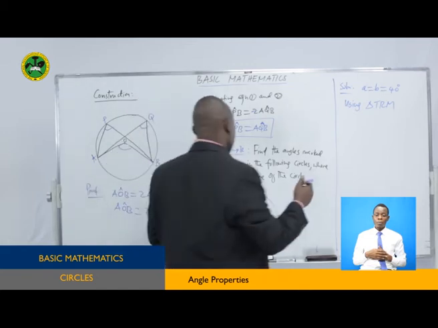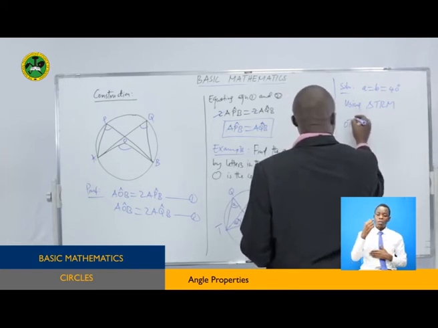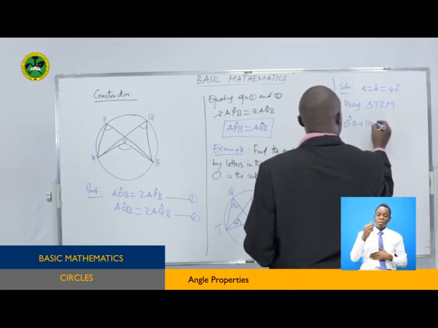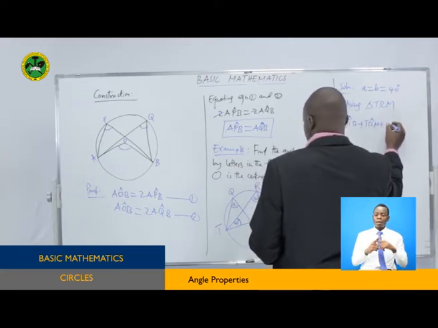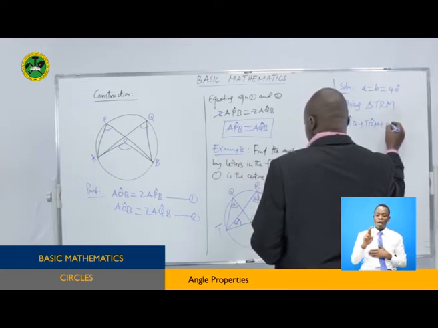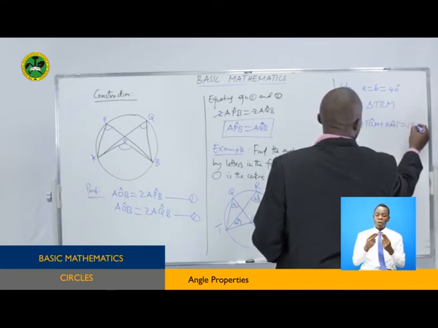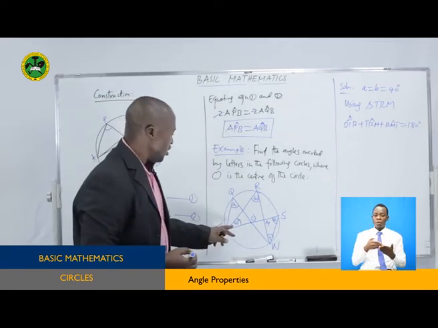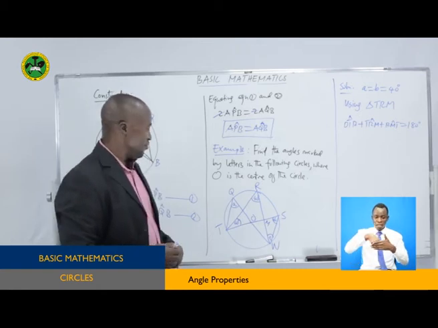So in this case we say that OTR plus TRM plus RMT is equal to 180 degrees. Why? Because these are the sum of interior angles of a triangle TRM.